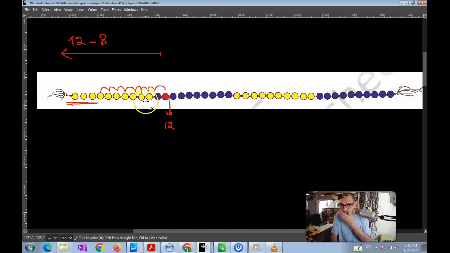Which is not right, because when you start counting like this, you lose track of the first bead. So you have to do it right. The first bead, you have to count it as well, because you're taking it away. So this would be 1, 2, 3, 4, 5, 6, 7, and 8. All of these beads have to be taken away, right?